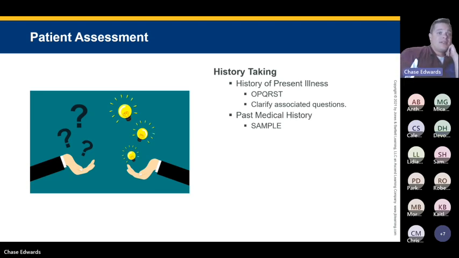So ask something like, about how long ago did this start? And I would say about an hour ago. Right. And now we're in quality. So what would you ask about quality? How would you ask that?